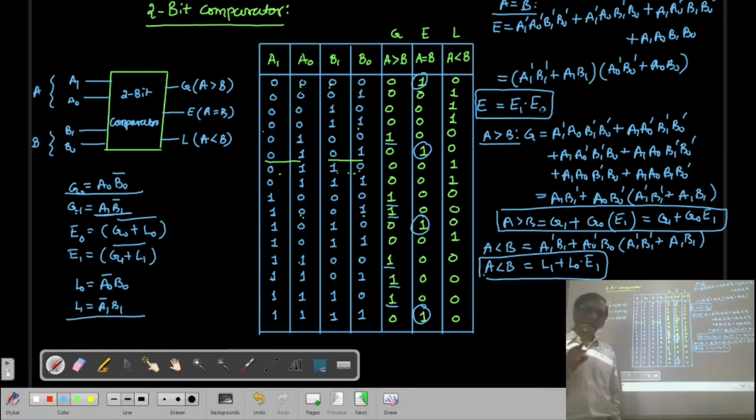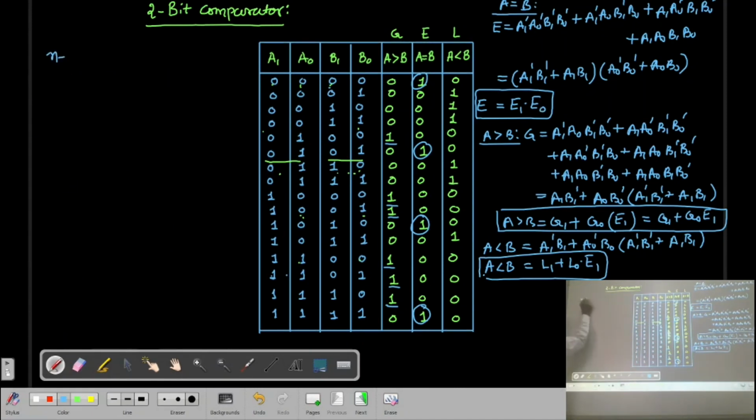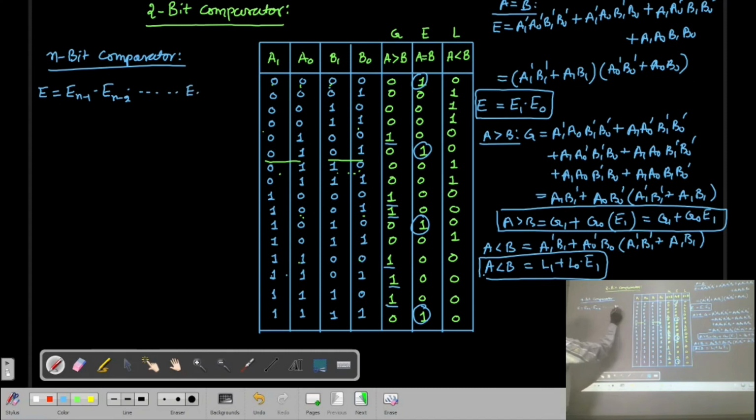I am going to write it here, and it will be helpful for designing a comparator of any number of bits. For an n-bit comparator, the equality expression will be E(n-1) into E(n-2) and so on up to E0.